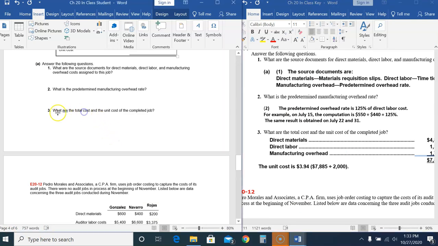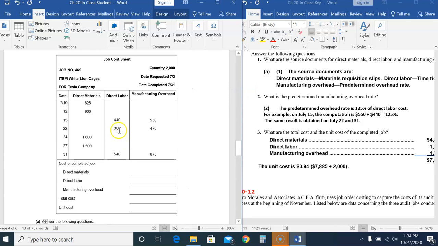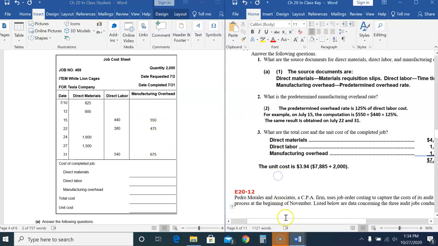The last thing they want us to do is come up with the total cost and the unit cost of the completed job. Total cost is going to consist of all of the direct material cost incurred on this job, total amount of direct labor incurred on this job, and total manufacturing overhead incurred on this job.